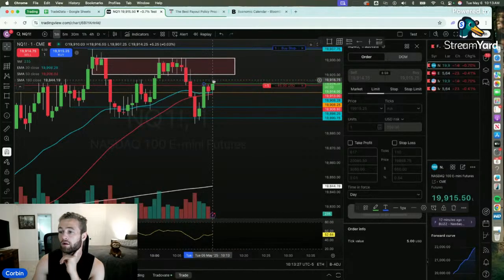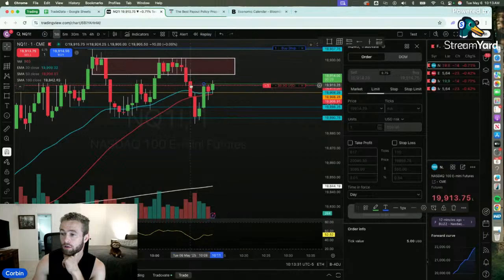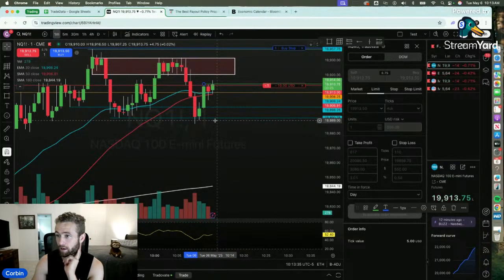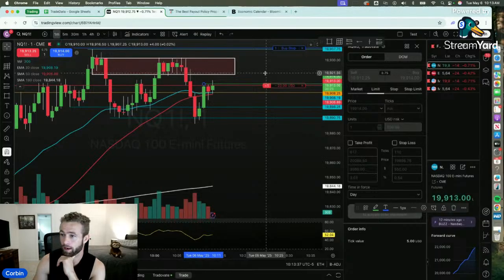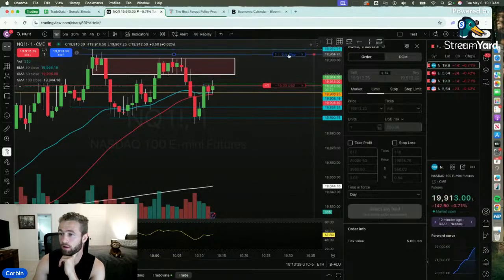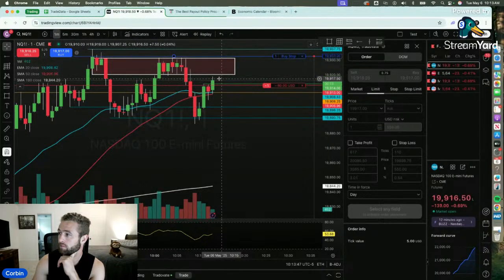So we do not want this candle to close above that level. Okay? We don't want that. But on the bright side, we can move our stop down to above this new order block and new breaker block. We do not want this candle to close above this level, though.